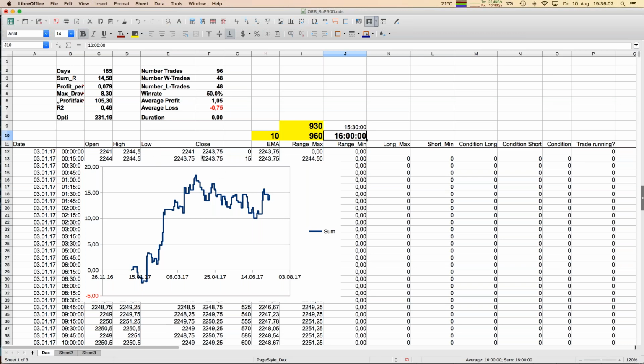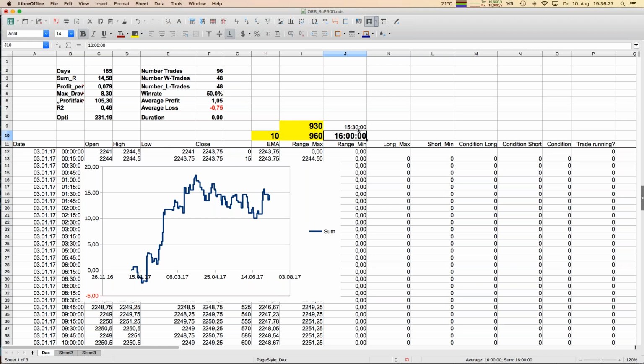The M15 candle, which starts at 4, ends at 4:15. So in total, if I apply those range times here, like 930 and 960, it's doing the job between 3:30 and 4:45.